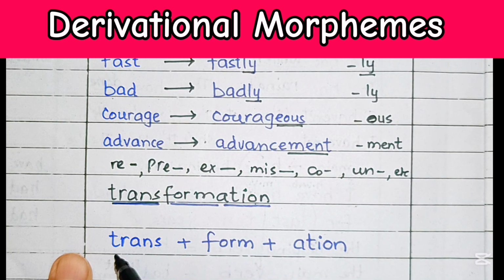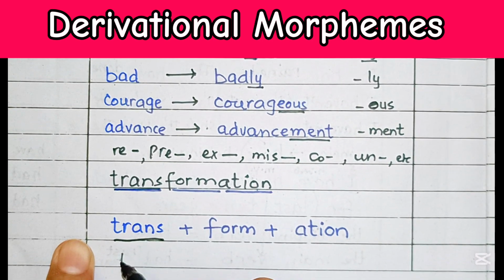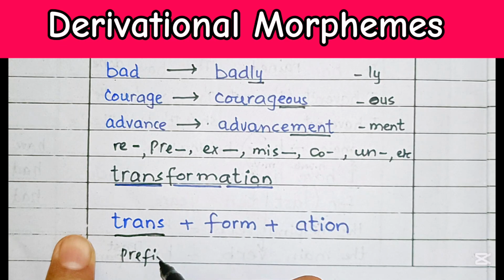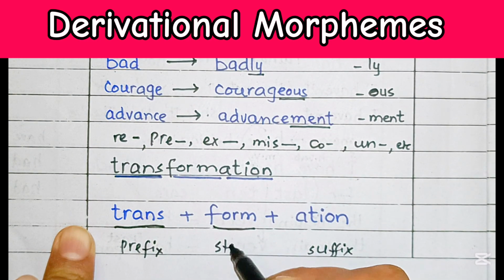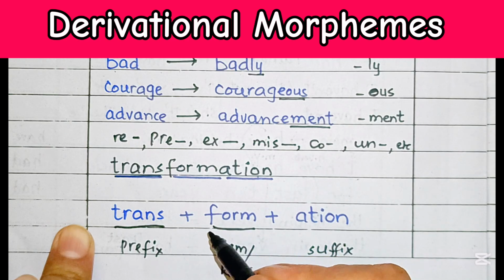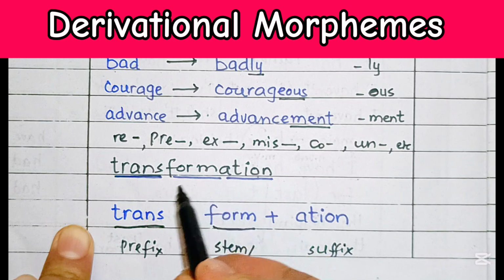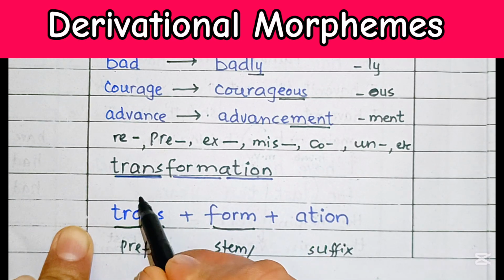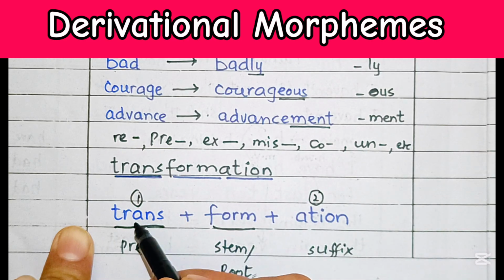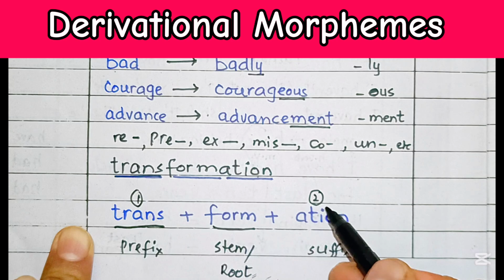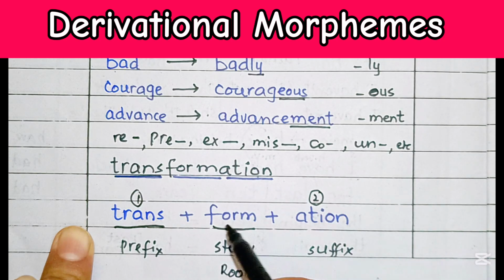Take one more example. Transformation is a noun. We add trans as a prefix in the beginning and ation at the end as a suffix to the root, which may be called a root or stem. The stem word was form. So transformation is actually a combination of two derivational morphemes. The first one is acting as a prefix and the second one is acting as a suffix to the root form.